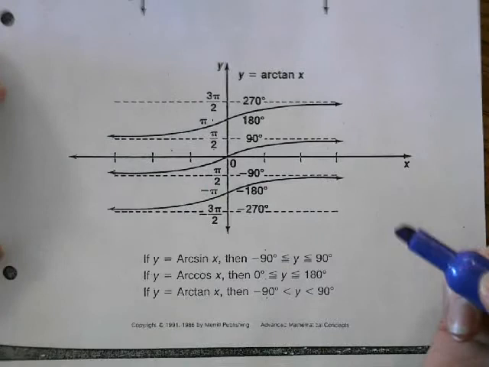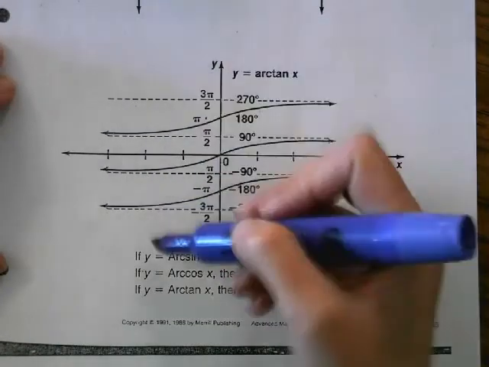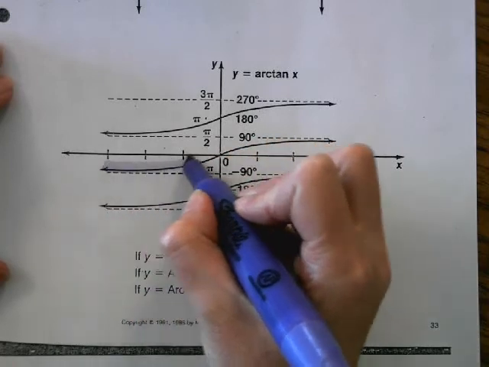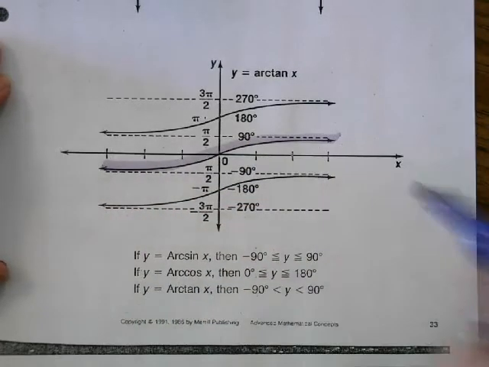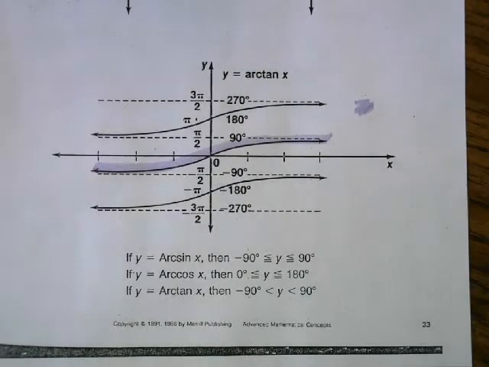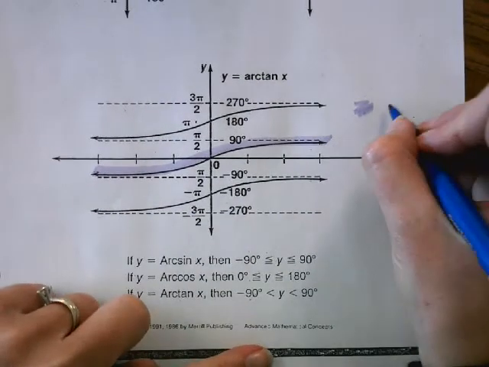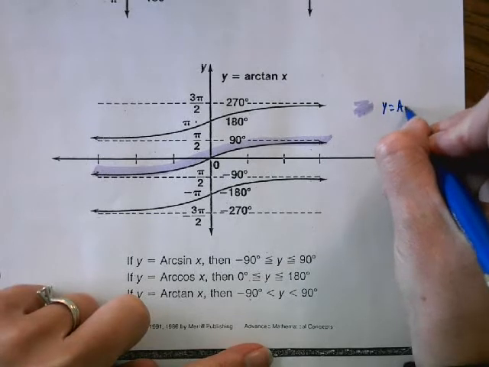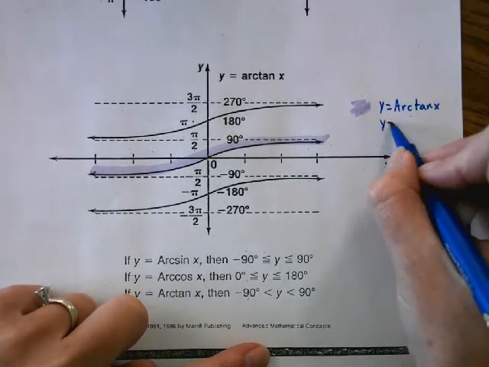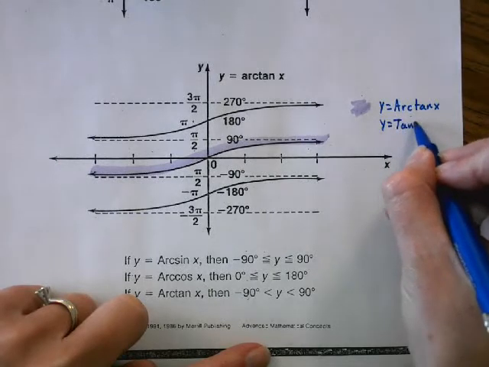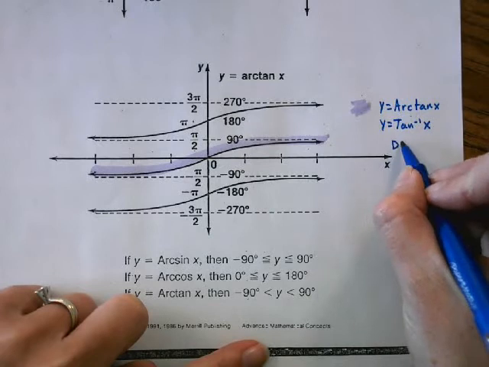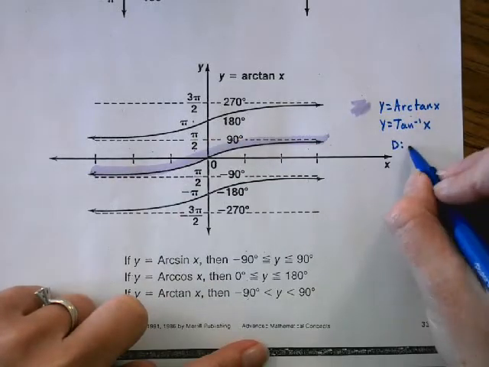So if I wanted to select a convenient function value, because it does not pass a vertical line test, what we do is we pick this middle guy. So this is going to be called arctangent or tangent inverse. Its domain is all real values.